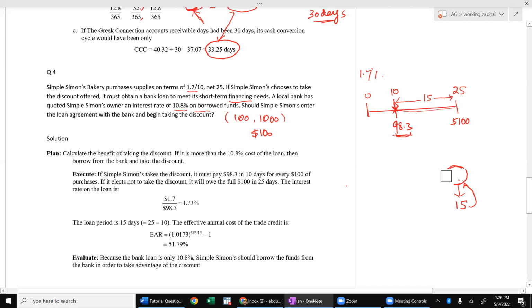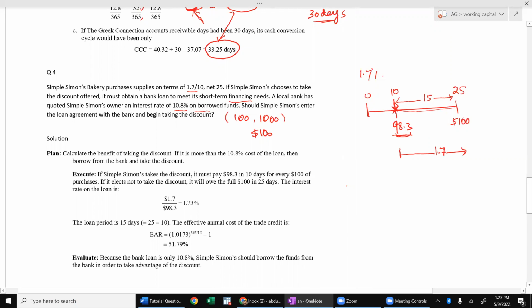To evaluate that, you need to calculate the effective annual return. They are calling it cost, but I am doing it with respect to profit so that it is easy to understand. Okay, so the benefit is how much?